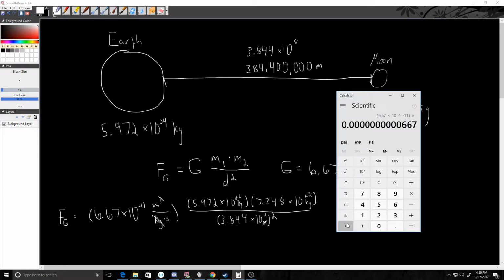Times, opening parentheses, 5.972 times 10 raised to the 24th, closing parentheses, times, opening parentheses, 7.348 times 10 raised to the 22nd, closing parentheses. All right.